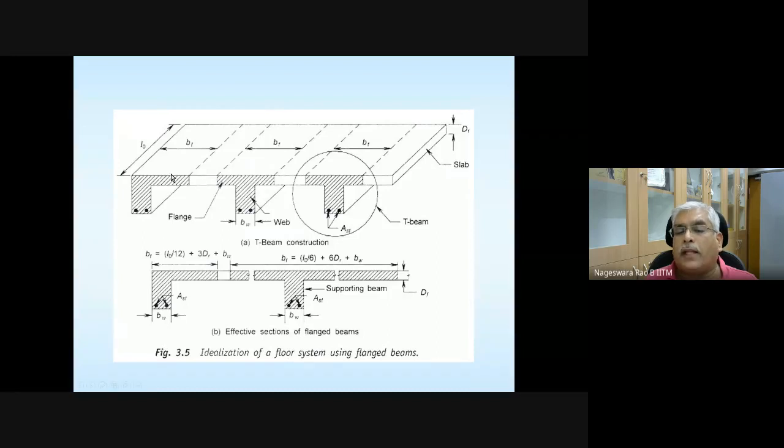If the neutral axis lies within the flange, what is going to happen? Whatever portion of concrete is above the neutral axis, only that we consider to be effective. The concrete below the neutral axis is considered ineffective.